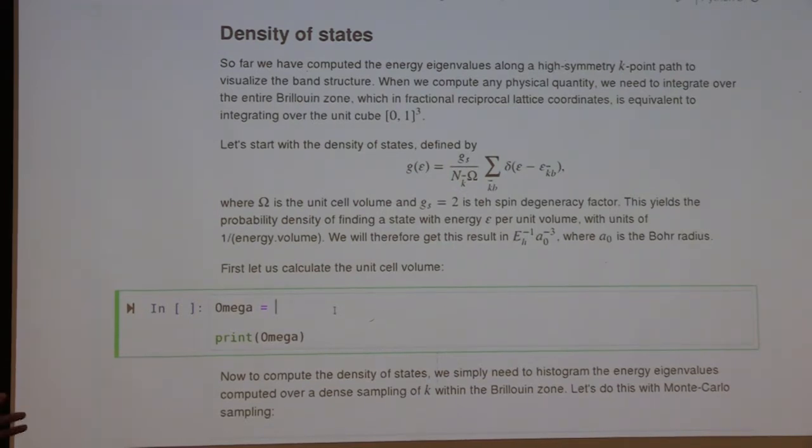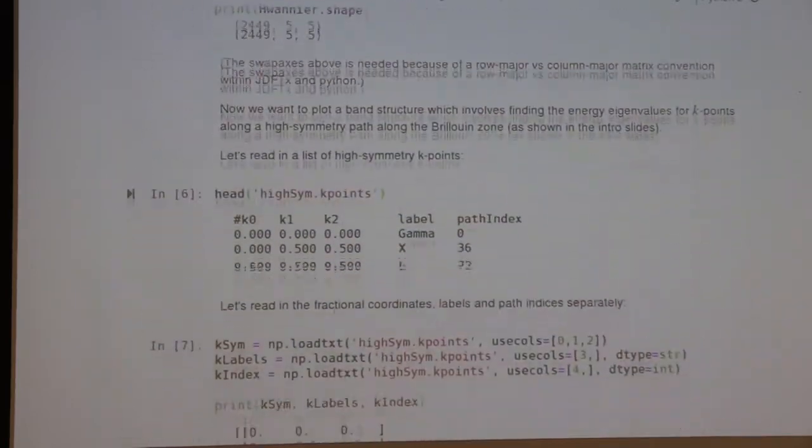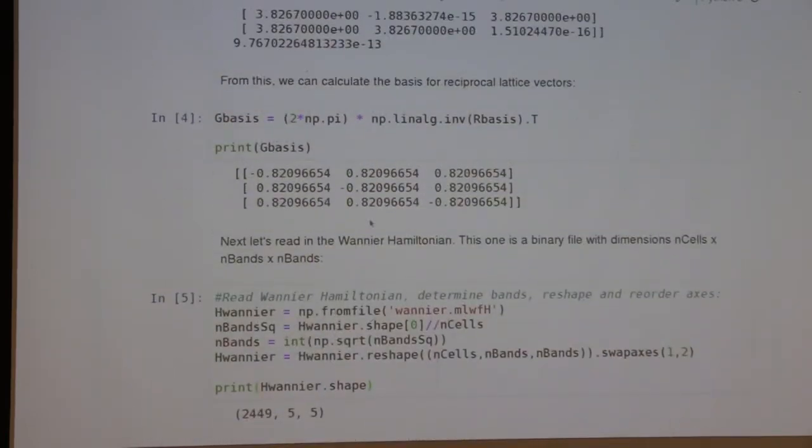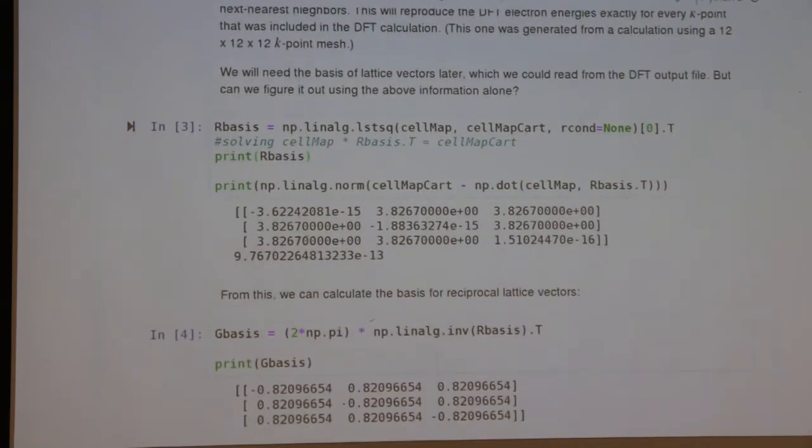The unit cell is not a cube. Right? The unit cell has some odd shape associated with 3 lattice vectors, which we had over here. The columns of this correspond to our lattice vectors. So if you want to calculate the volume of the parallelepiped that emerges out of those three vectors.